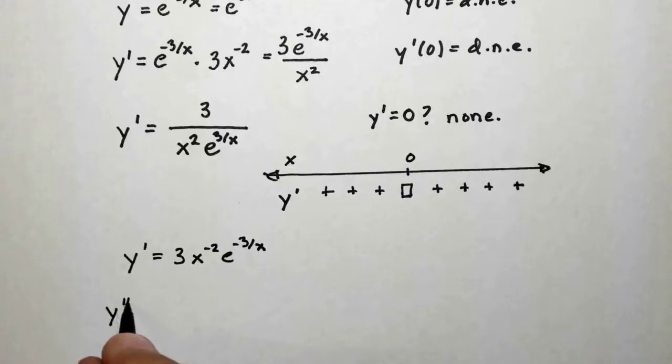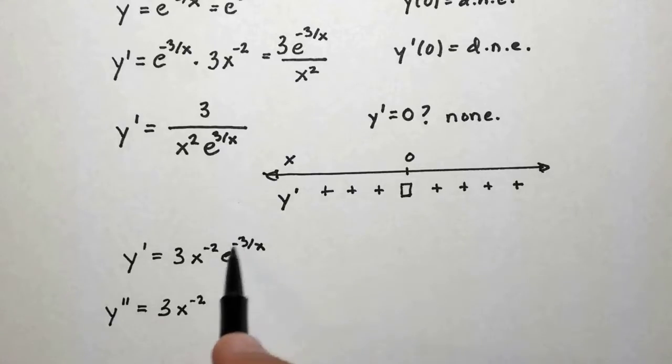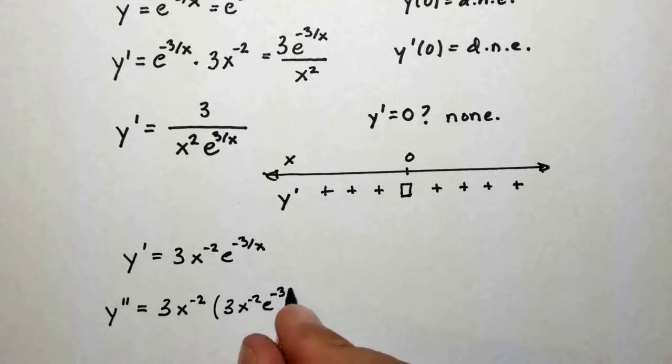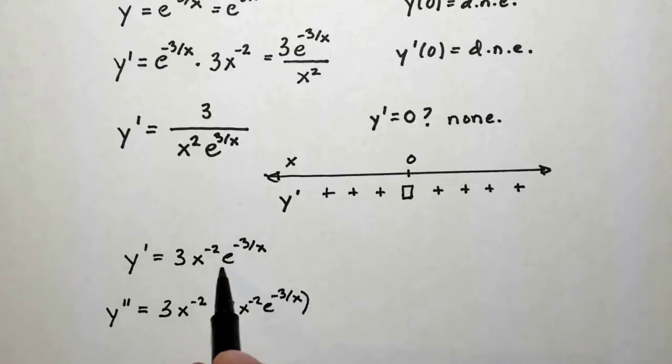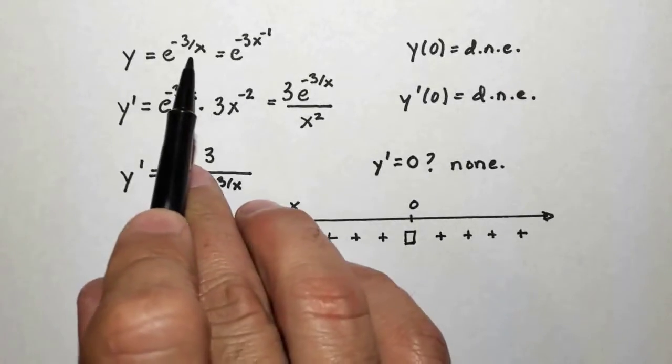So y double prime, we have the first times the derivative of the second. Now the derivative of this second is actually this. So I'm going to rewrite this as 3x to the negative 2 e to the negative 3 divided by x. This is the derivative of e to the negative 3 divided by x, because that's what the original function was.